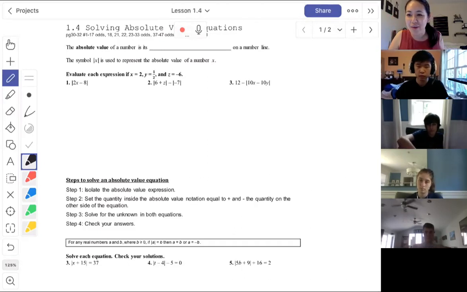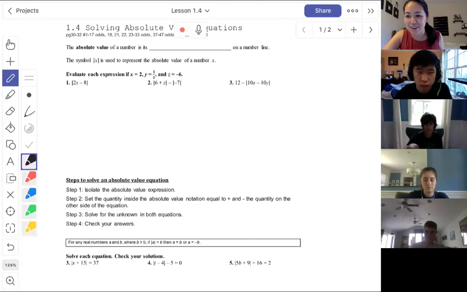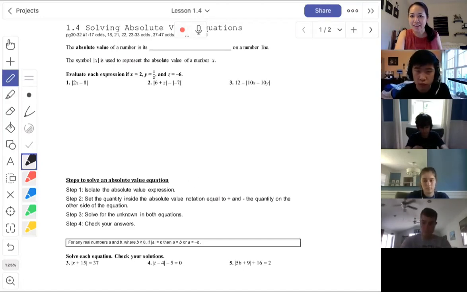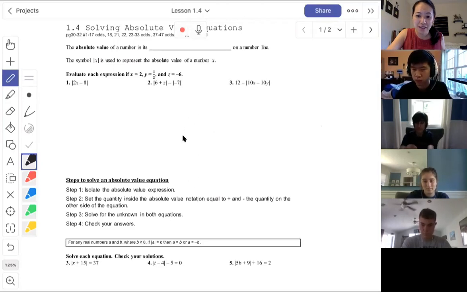Go ahead and put what you think those 3 blanks are in the chat box. Let's see who can get it first. Go. The absolute value of a number is it's blank, blank, blank on a number line. Ooh, very close. Closer?